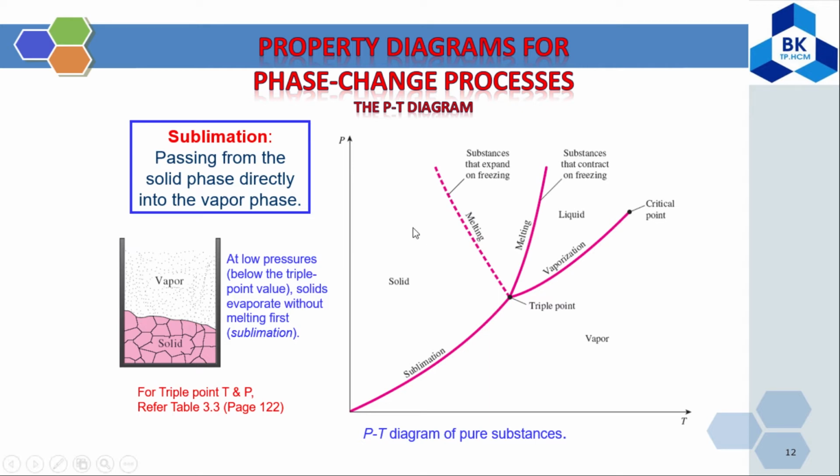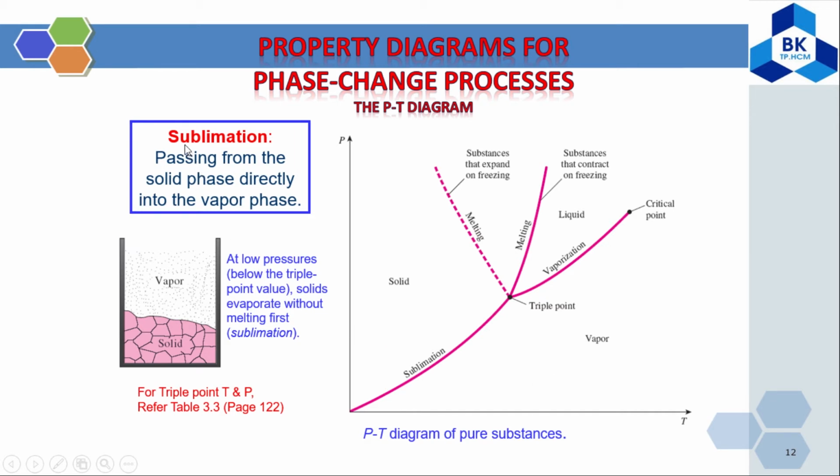And we got the processes as follows: when the solid changes to the liquid, we call that process melting. When the liquid becomes the vapor, we call it vaporization. When the solid becomes the vapor directly without changing into the liquid phase, we call it the sublimation process.